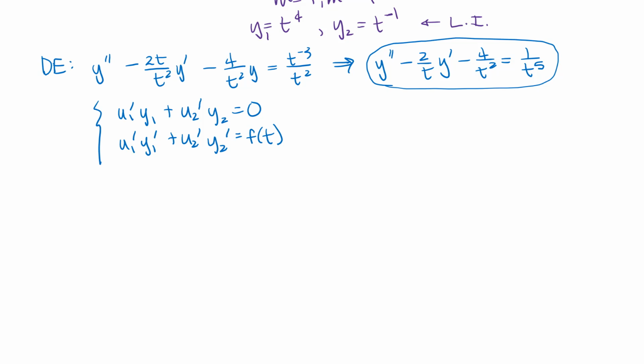So I have these up here near the top of the screen. There's my y1 and y2 from my associated homogeneous equation. And our f of t is that function on the right-hand side of the differential equation, 1 over t to the 5th. So I'm going to go ahead and write down that system of equations with our appropriate functions plugged in.